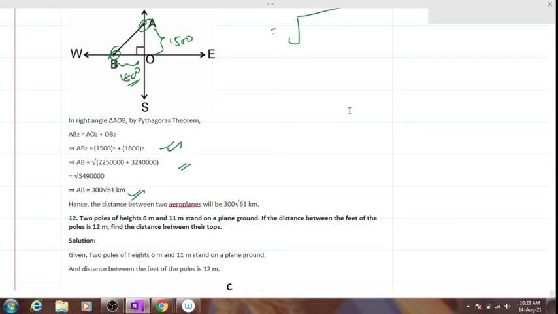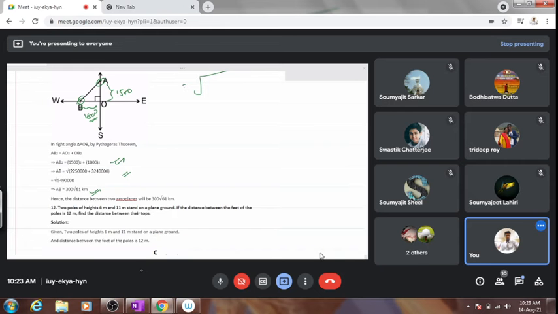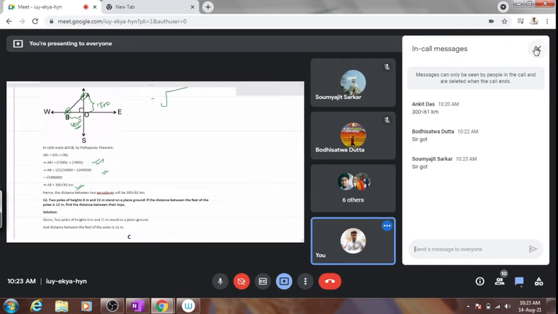Once you draw the figure out, the numerical is very easy. Try it out.